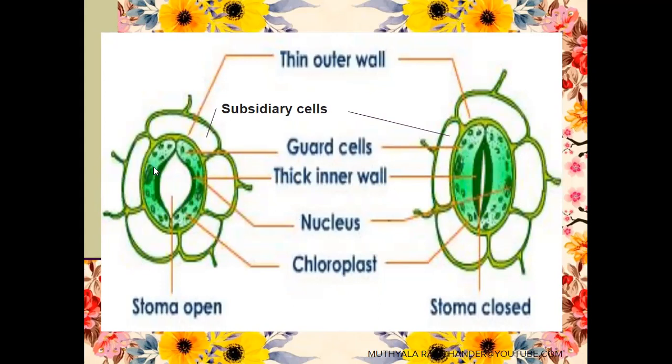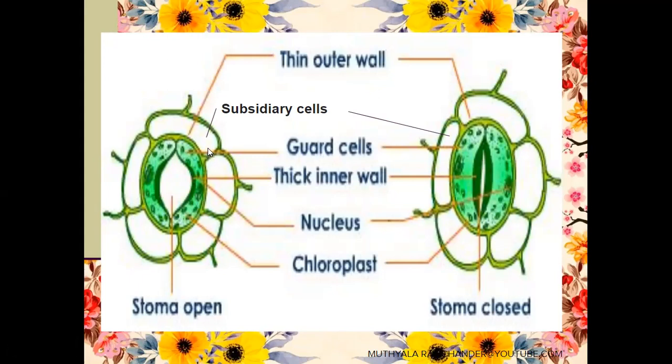Guard cells are bean-shaped or reniform in dicotyledons, but in monocotyledons, guard cells are dumbbell-shaped. Based on the guard cell structure, we can easily distinguish dicotyledons and monocotyledons. Around the guard cells, subsidiary cells are present.